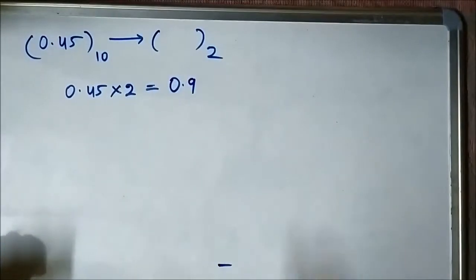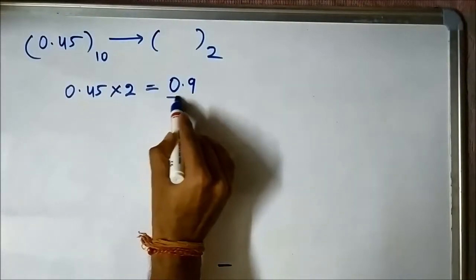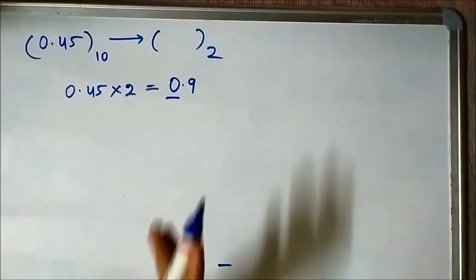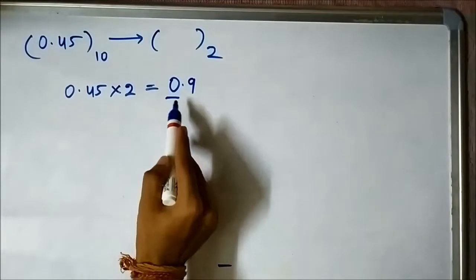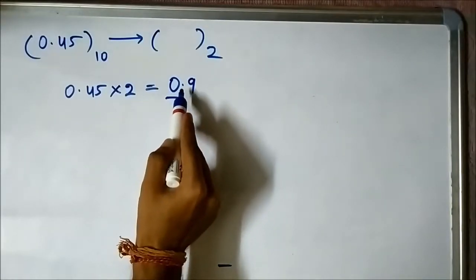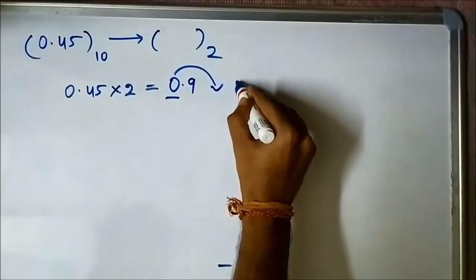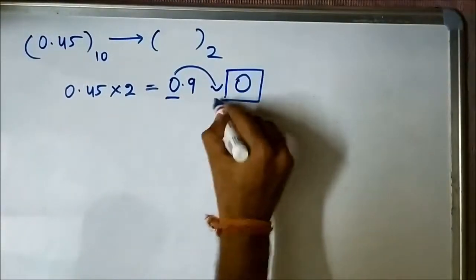Now in this 0.9, only consider the digit which is to the left of the decimal point, and you write it here. It is 0. This is important.